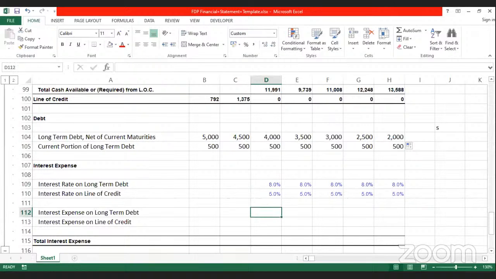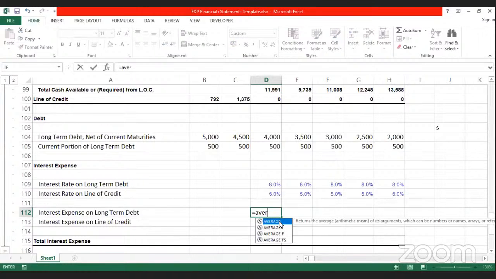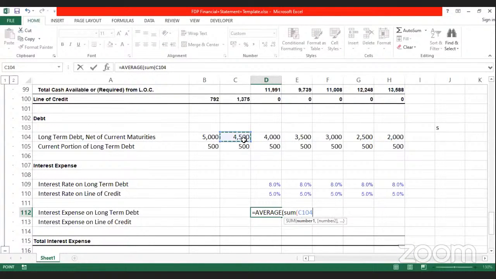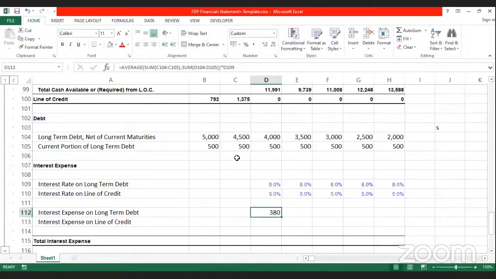So interest on long-term debts is equal to average of sum of previous year comma sum of current year, into 8%. I have taken the average of the previous year and current year, into 8%. I get 380 as my interest on long-term debts.